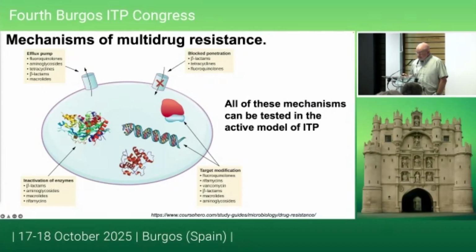Efflux pumps block penetration of the drug into a cell, target modification, and inactivation of various enzymes that metabolize different drugs are all partially responsible for refractoriness to drugs from a pharmacological point of view. Every single one of these mechanisms hasn't been studied yet, but they can be tested in the active ITP model, and we can try to understand more about multi-drug resistance in these animals.